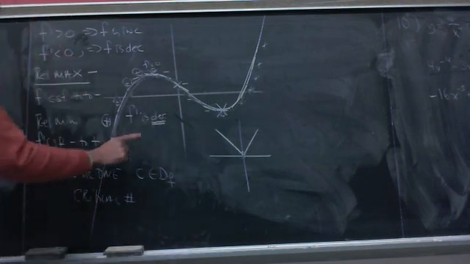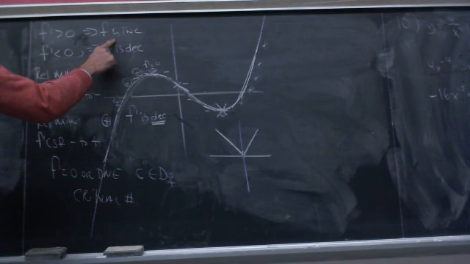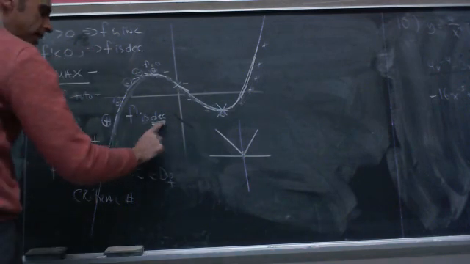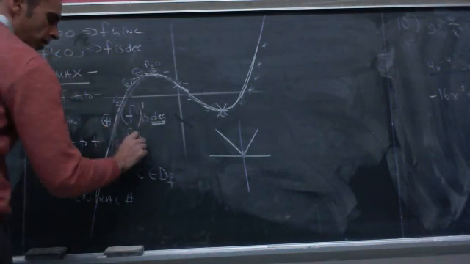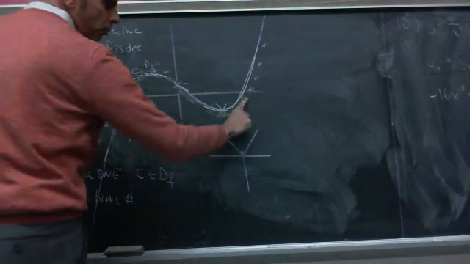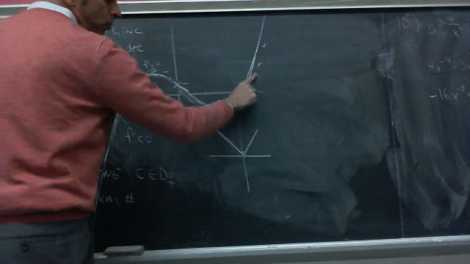Well, if any function is decreasing, as we saw up here, then its derivative would be less than 0. So then if f prime is decreasing, then its derivative, which would be f double prime, would be less than 0.